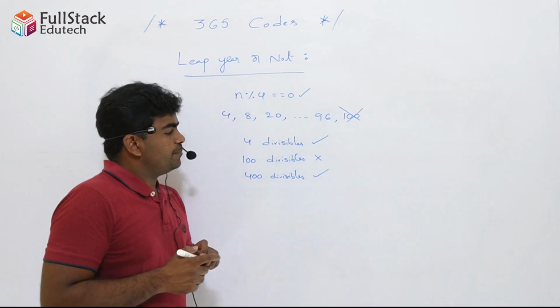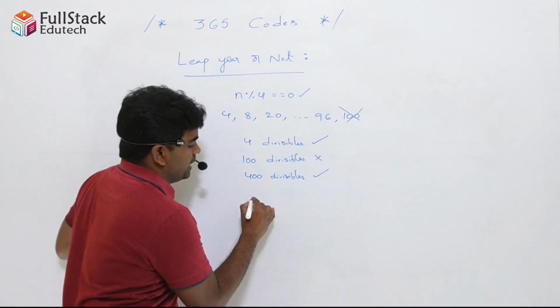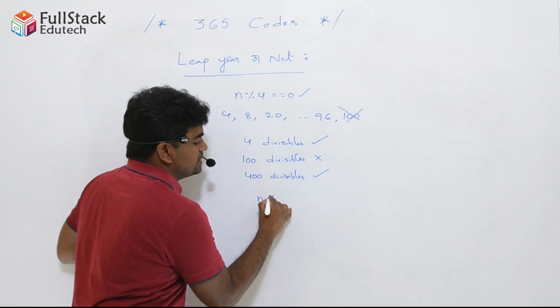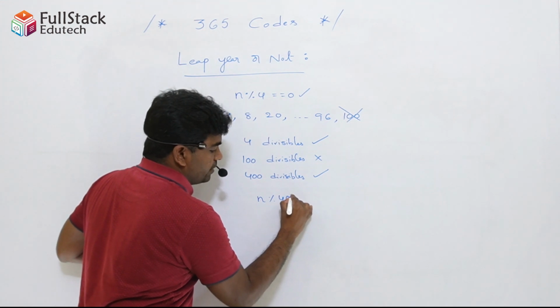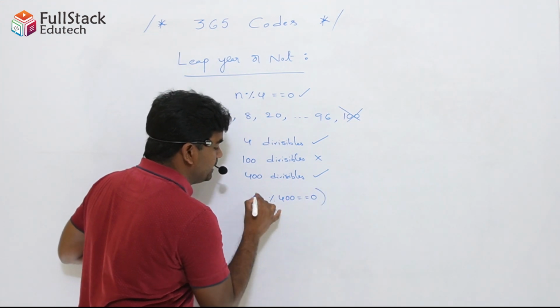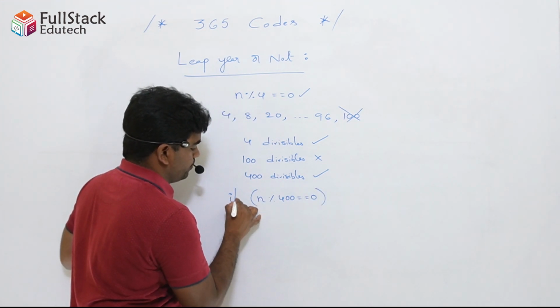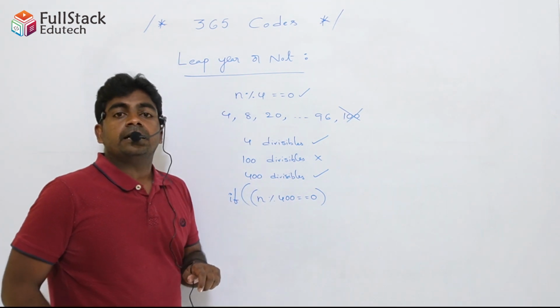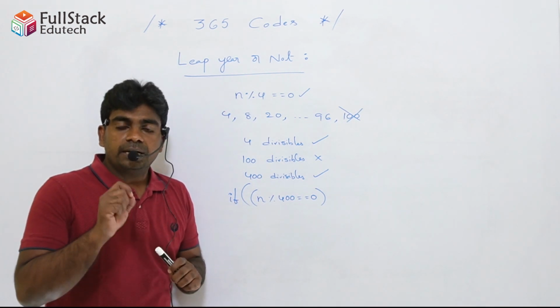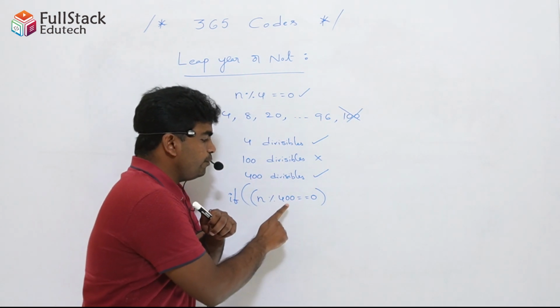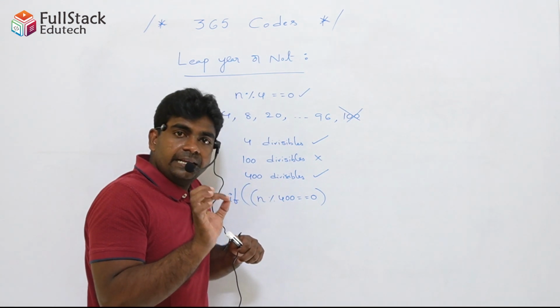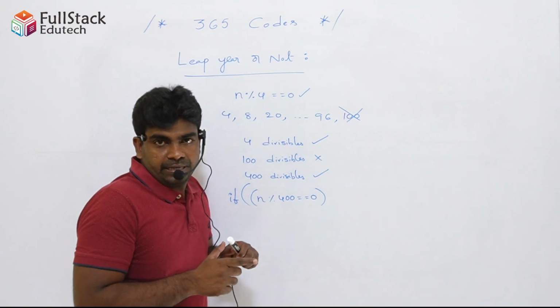It's very simple. Whenever we are checking, if the number is divisible by 400, directly we can say that it's a leap year.